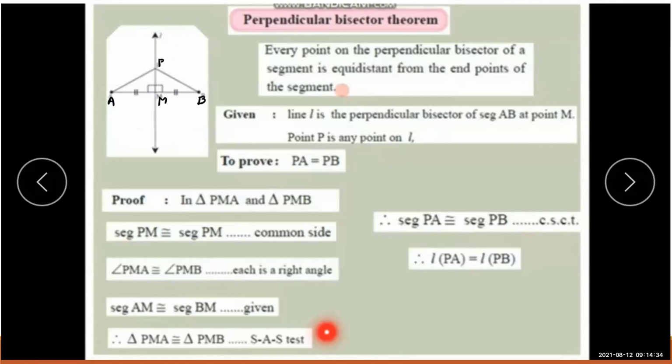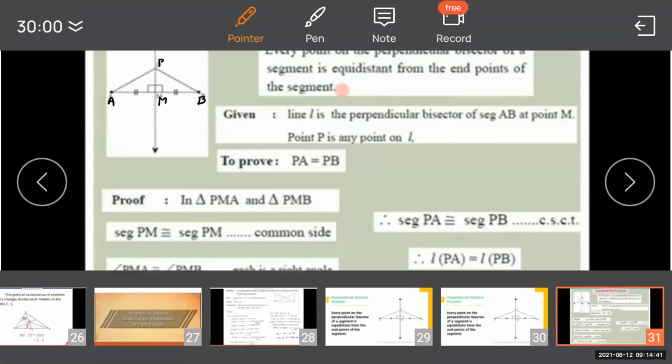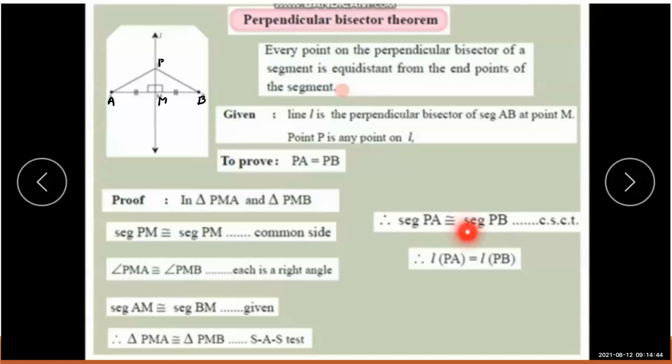So if the triangles are congruent, their corresponding parts are also congruent. See here, segment PA is congruent to segment PB, and the reason will be corresponding sides of congruent triangles. Now if it is a corresponding angle, then only S is replaced by A, meaning corresponding angles of congruent triangles, CACT.